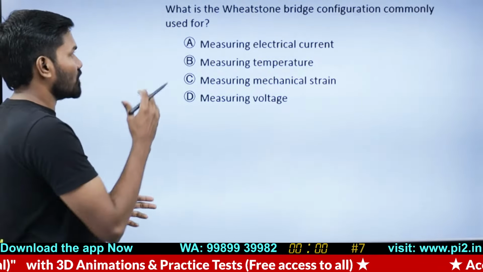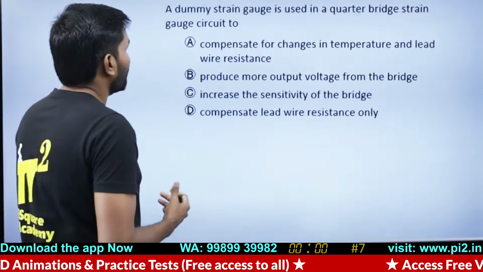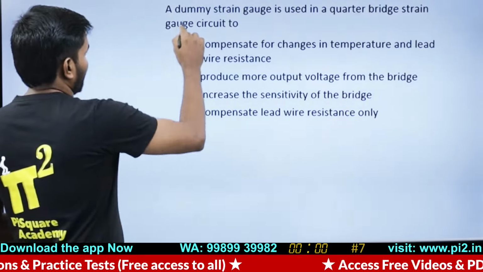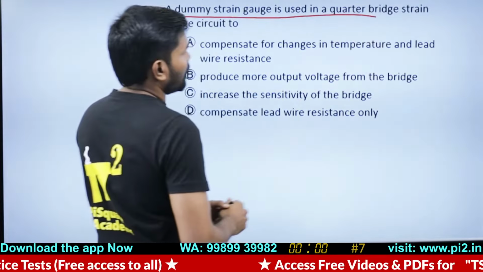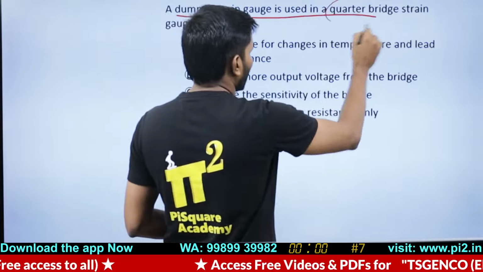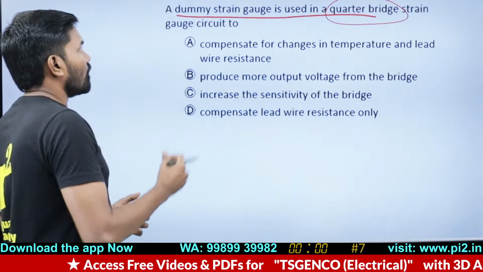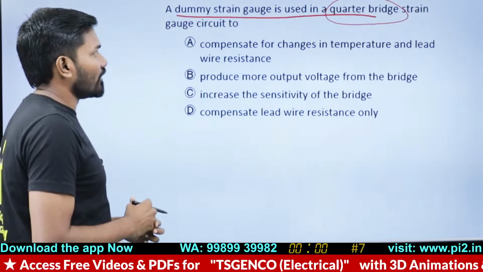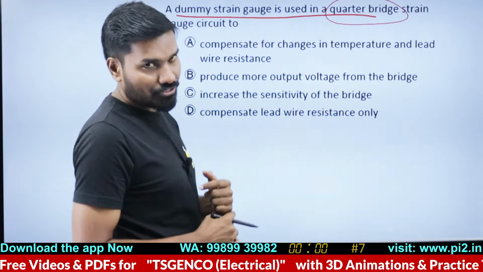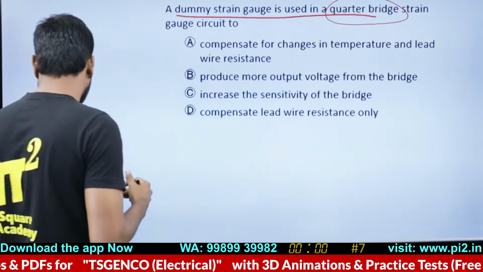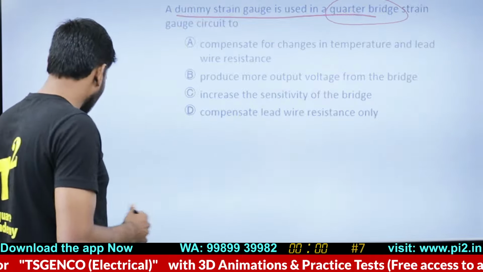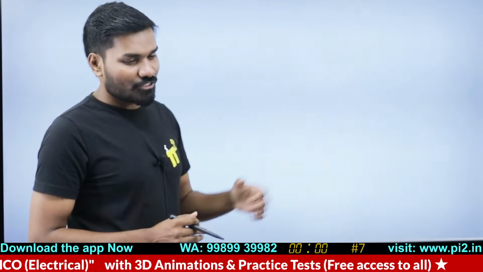In which case will we use this Wheatstone bridge configuration? And the dummy strain gauge we'll be using in the Wheatstone bridge. Quarter bridge, what is this? Half bridge, what is this? Full bridge, what is this? Then why do we use the dummy strain gauge in the quarter bridge? What for? That's also a question. We have a few more questions, but at least these are the questions you try to answer in the comments.